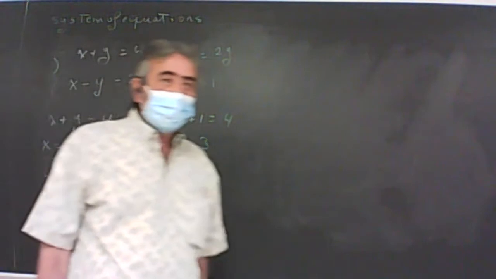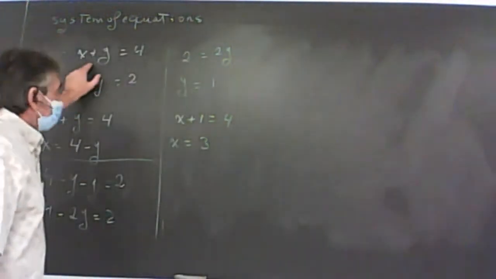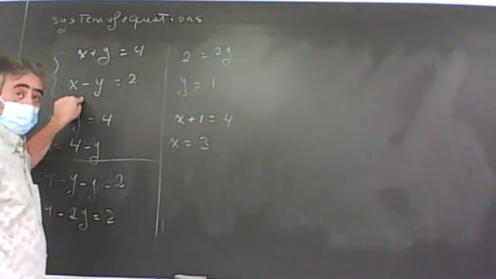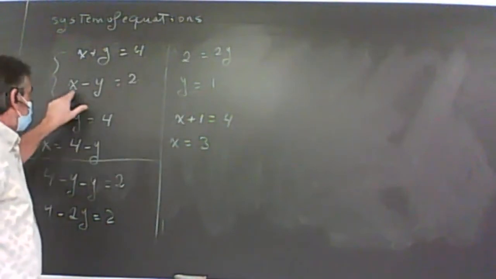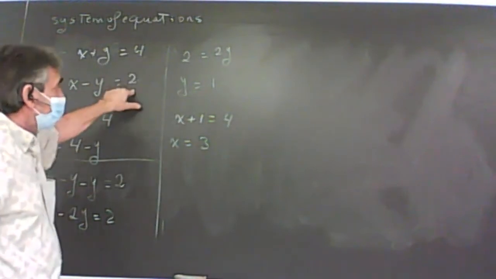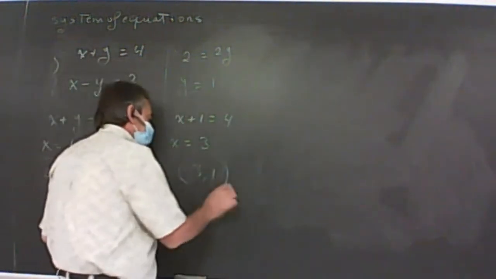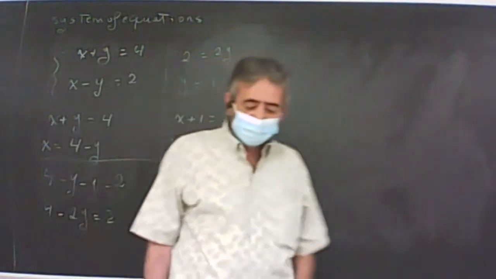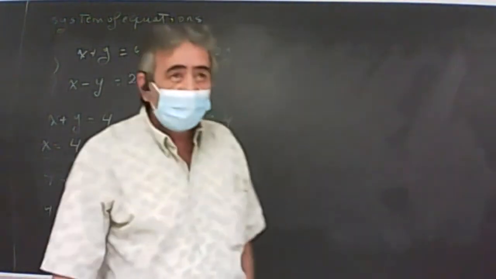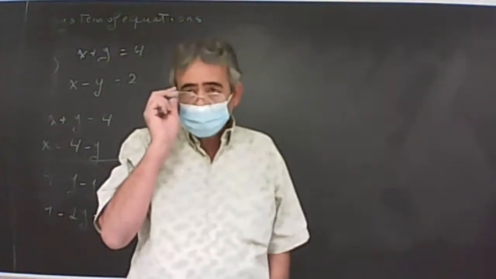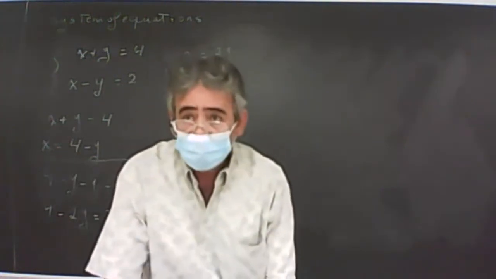Now we're going to check it. Since I used the top one to solve for x, I'm going to check it back here. So we have 3 minus 1 equals 2. That is correct. So my solution is (3, 1). Any questions? Easy enough?